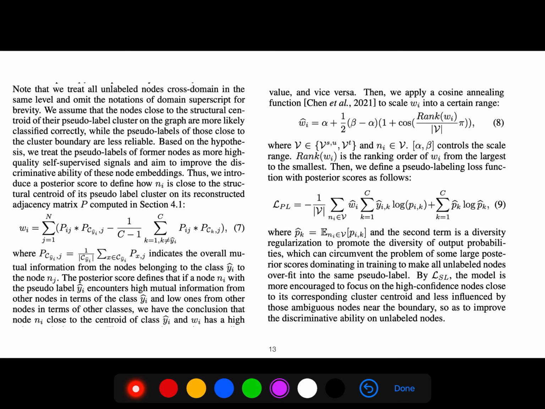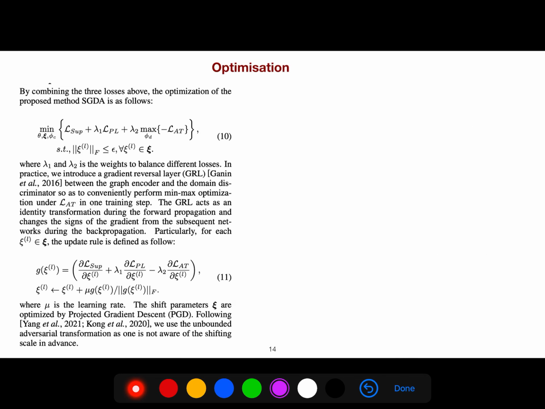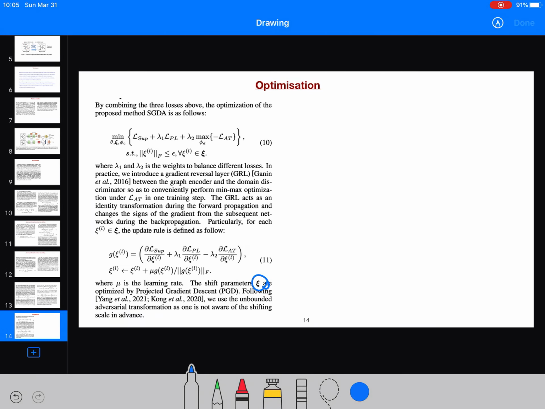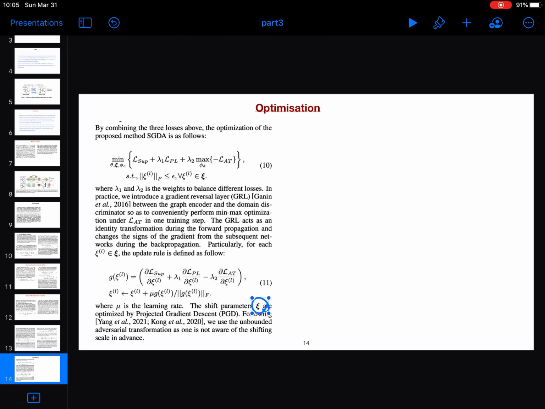Then we define a pseudo-labeling loss function with posterior scores as follows. So we just combine the three losses. And the shift parameters are optimized by projected gradient descent.